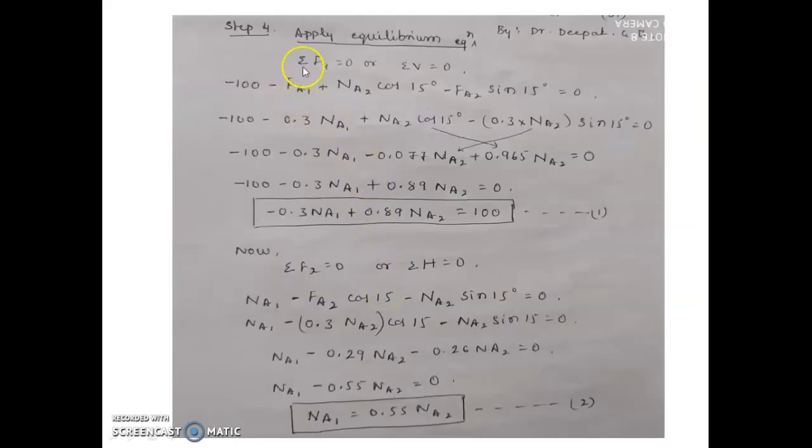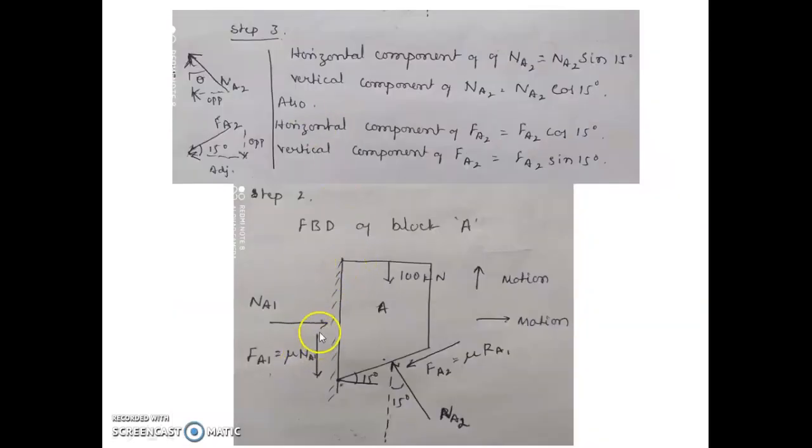Next is minus FA1, friction on surface 1 on block A. This friction force is acting downwards, hence it is minus, on this surface.